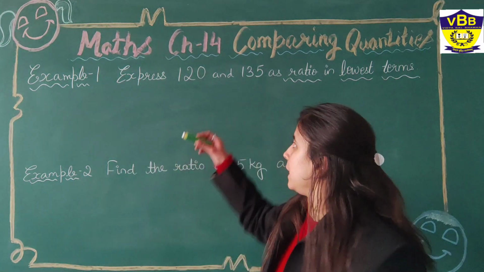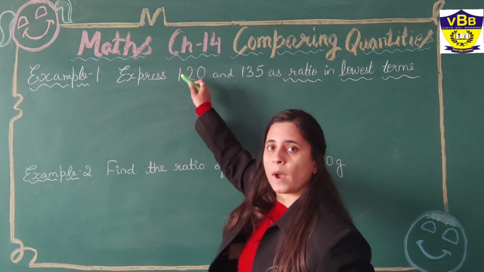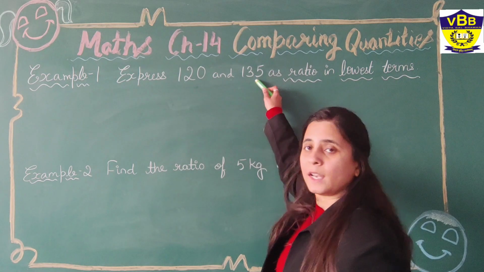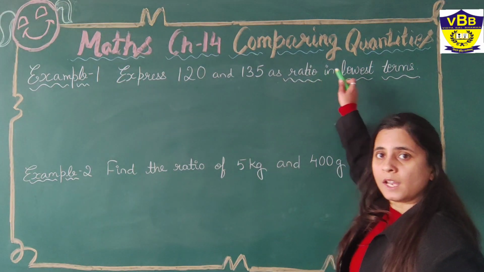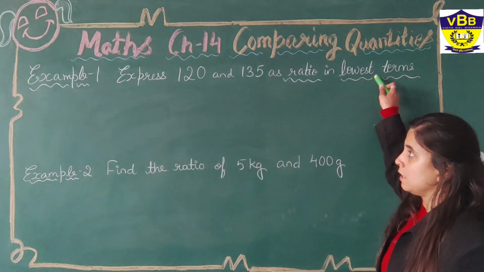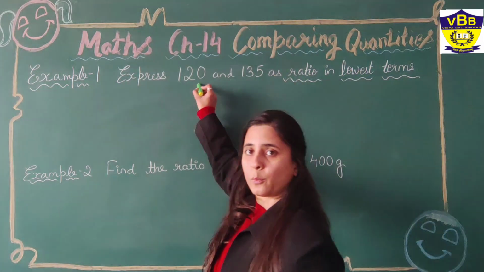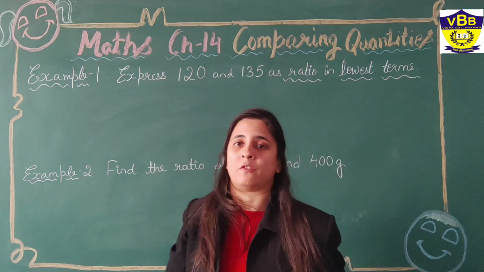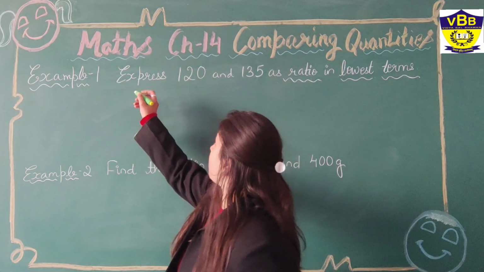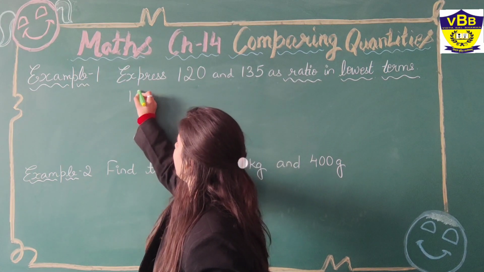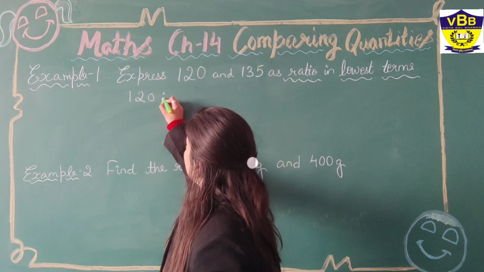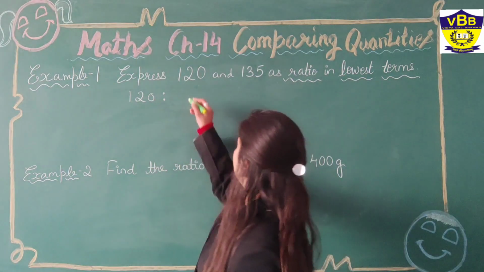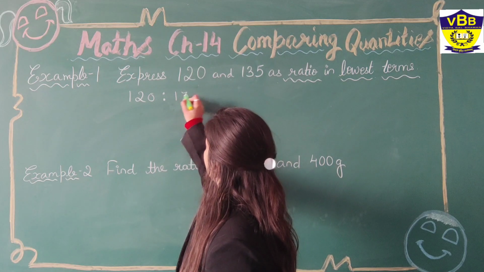The first example says: express 120 and 135 as a ratio in lowest terms. So 120 and 135, we need to express in the form of a ratio. First we will write 120, then the symbol of ratio, and then we will write 135.